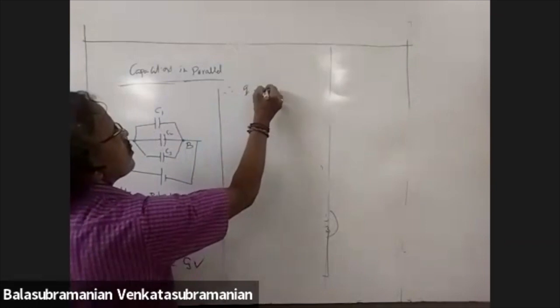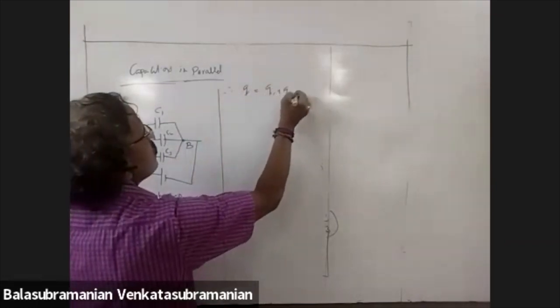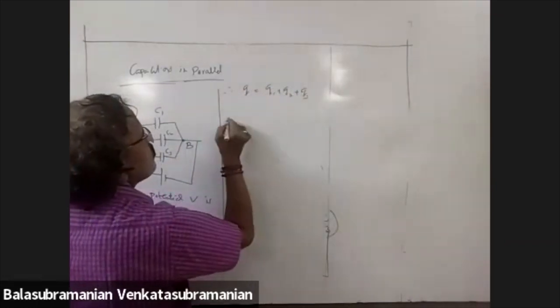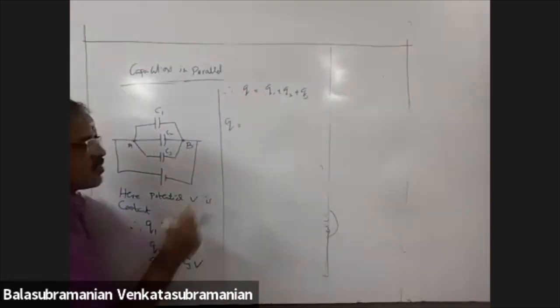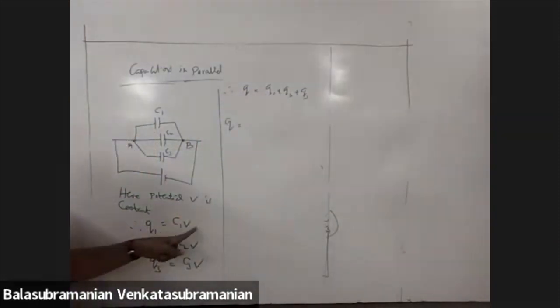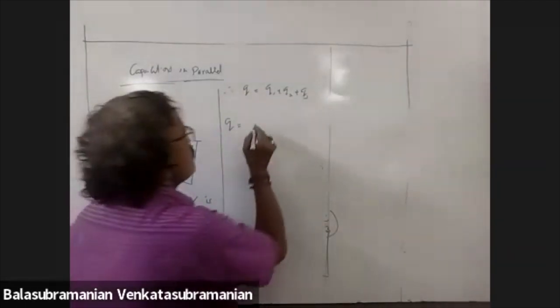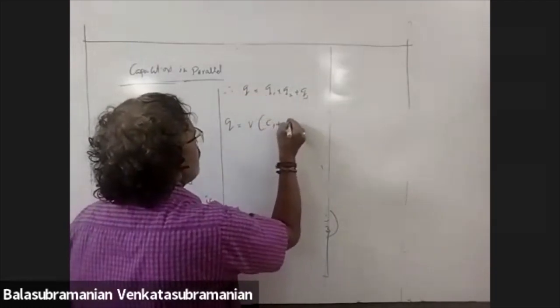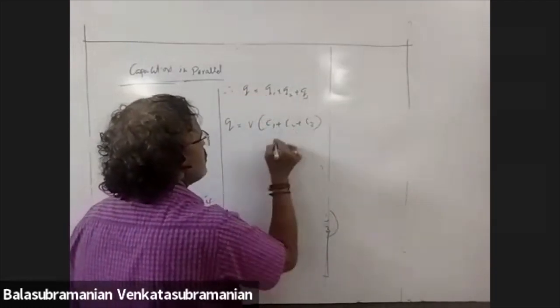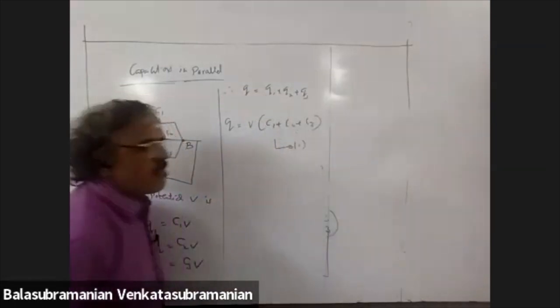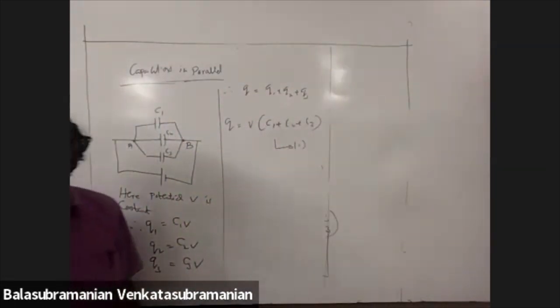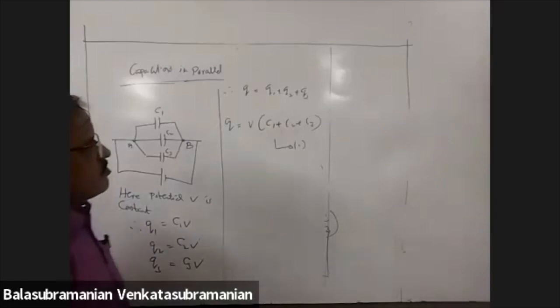Now, total charge. Therefore, total charge is Q1 plus Q2 plus Q3. What is Q1? C1V, Q2 is C2V, Q3 is C3V. So V common, C1 plus C2 plus C3, equation 1.